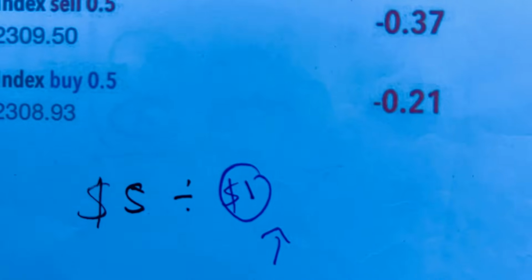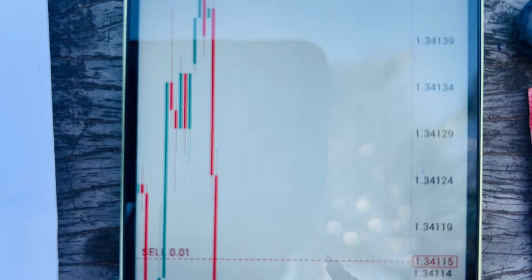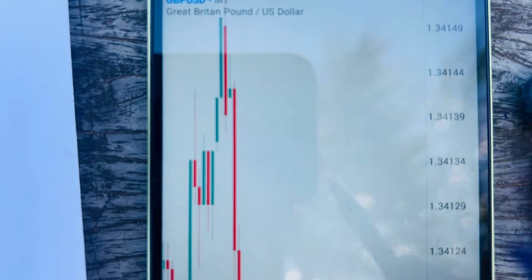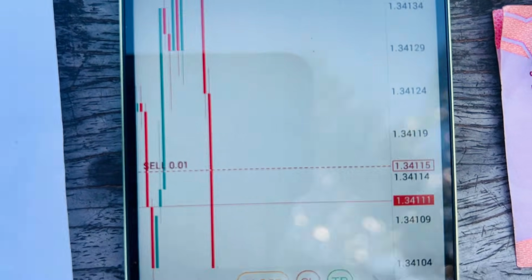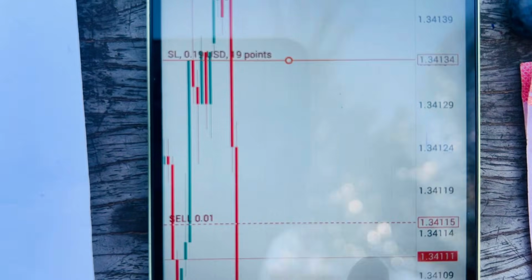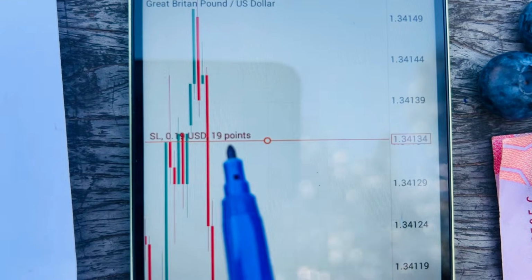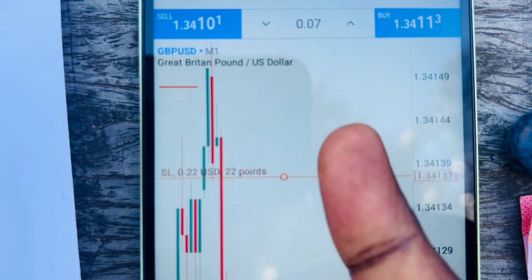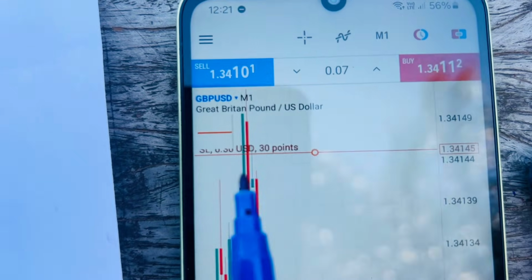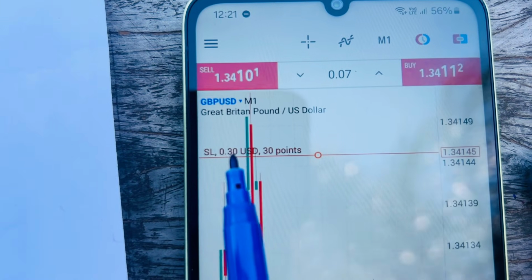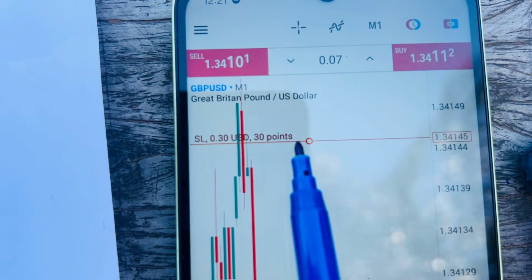But the money that you will risk is based on what? If you click section charts here, it is based on the number of points. You see the sell position that we have here. We tap this sell position, we tap this SL here. Once we click that SL, we see this line pop out. If we touch and hold it and move it up, you can see it's counting 0.30 US dollars, and this equals 30 points.